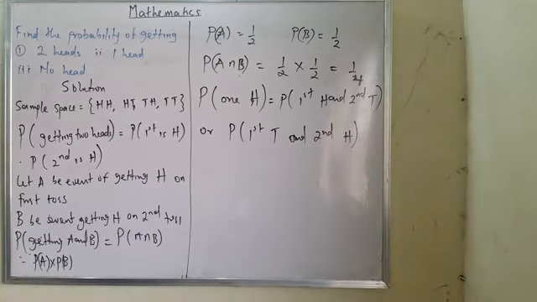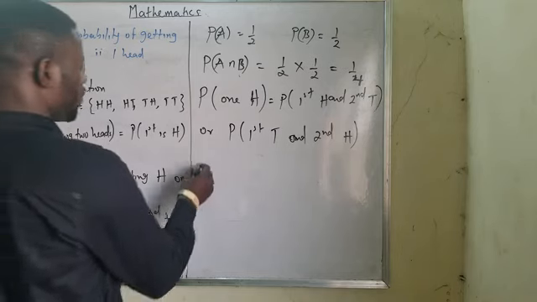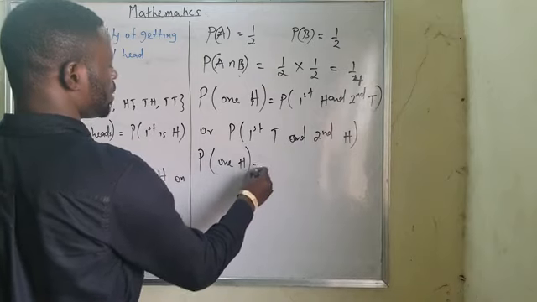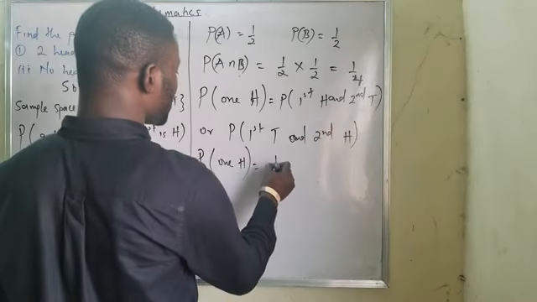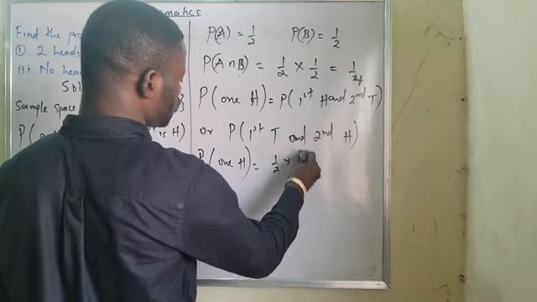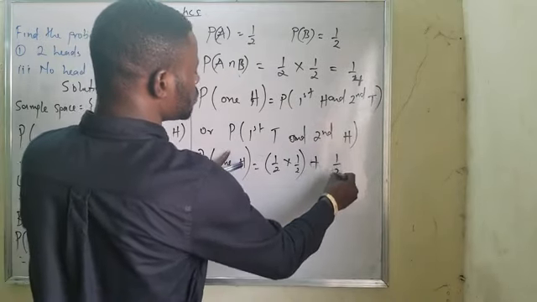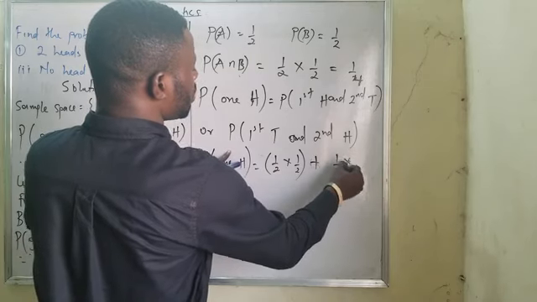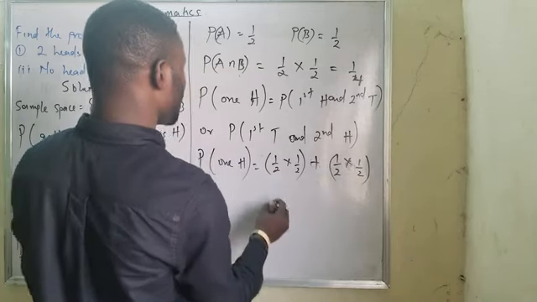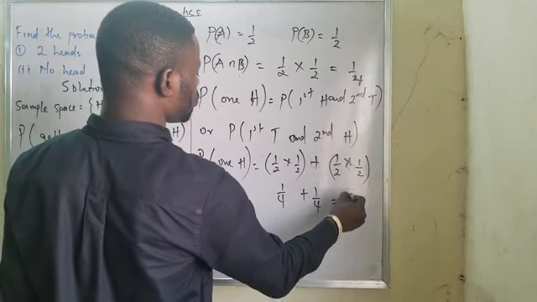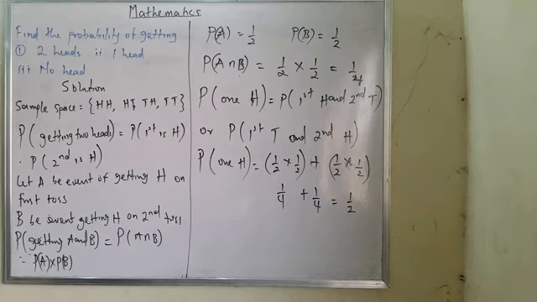That is what I'm trying to work out. Now it means there are two things happening. We have or, so the probability of getting 1 head will be 1 over 2 multiplied by 1 over 2, plus 1 over 2 multiplied by 1 over 2, which is 1 over 4 plus 1 over 4, which is equal to 1 over 2.